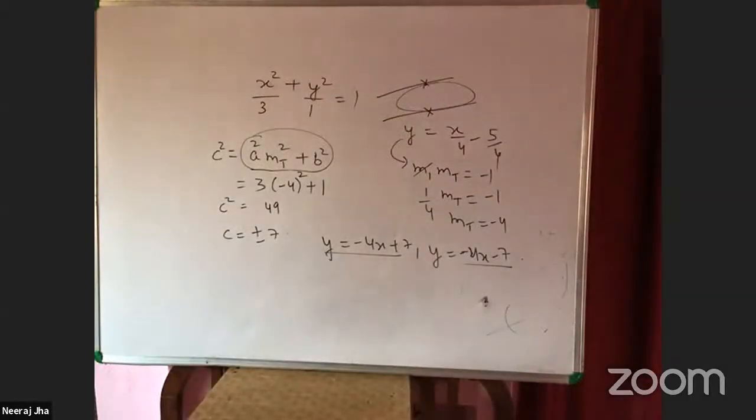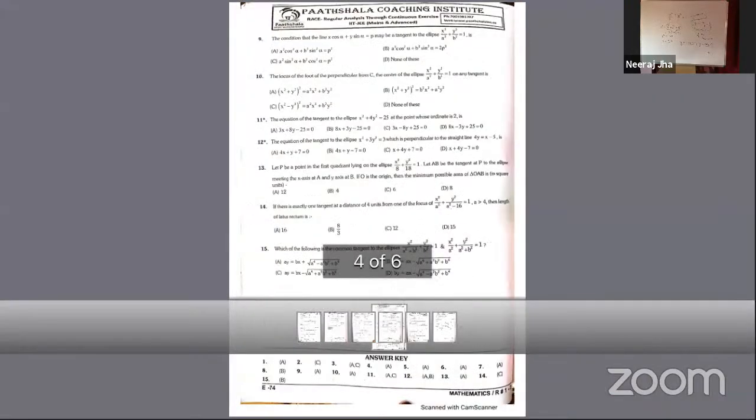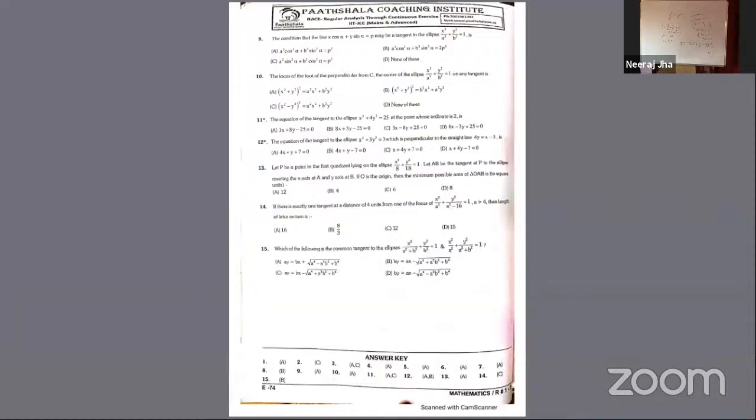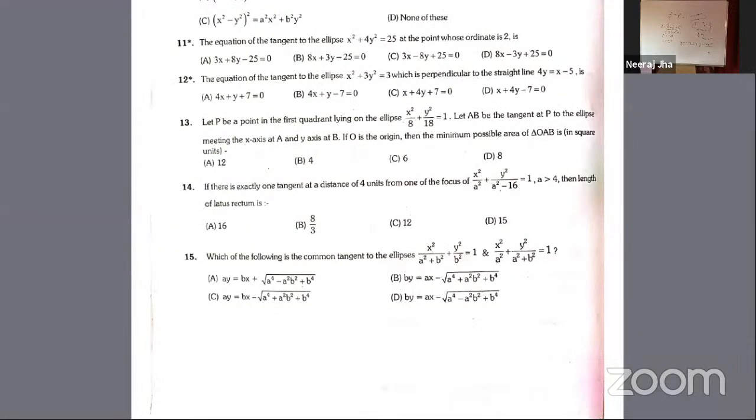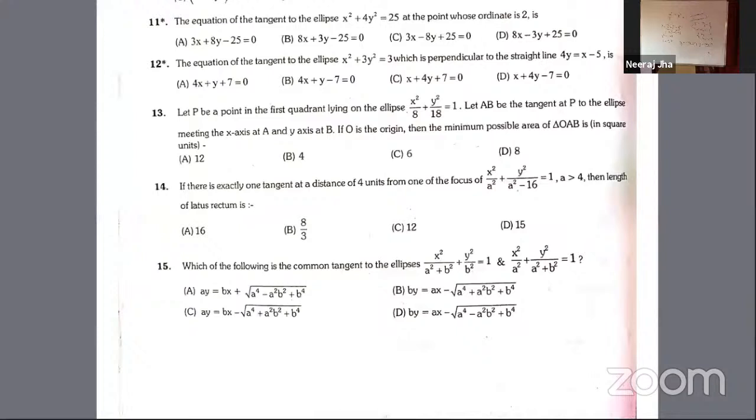All right, chalo. Do problem number 13. 13 is a good problem. Use parametric point, and it will be very good if you use parametric point. Take P as a parametric point, and then write the equation of tangent, and whatever it is saying, do that. 13th and 14th, kindly solve.